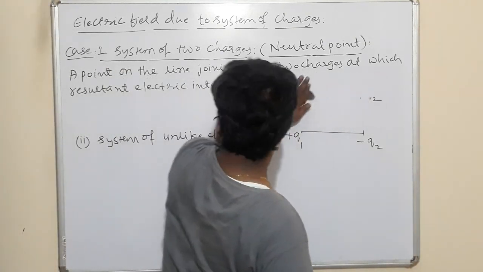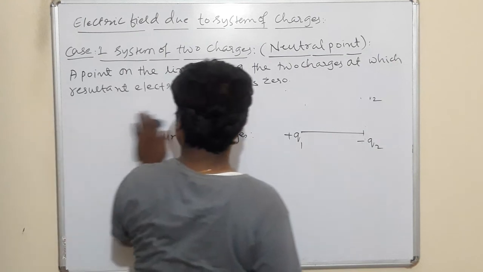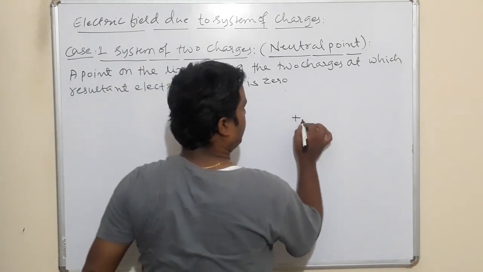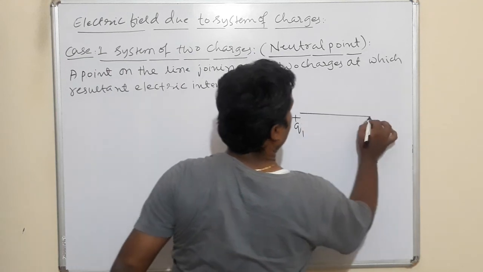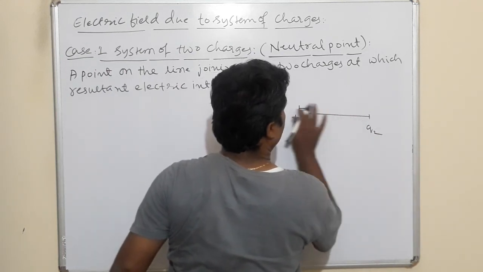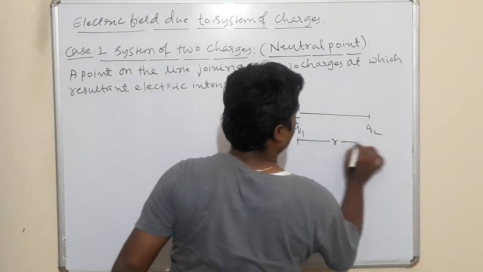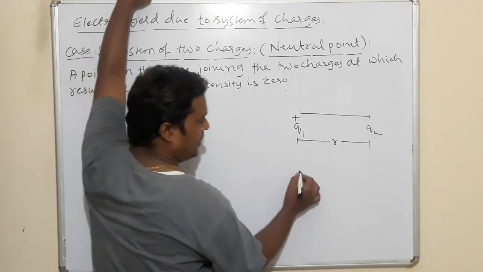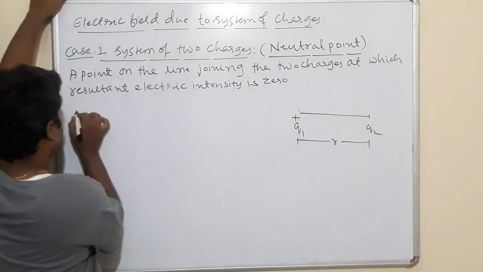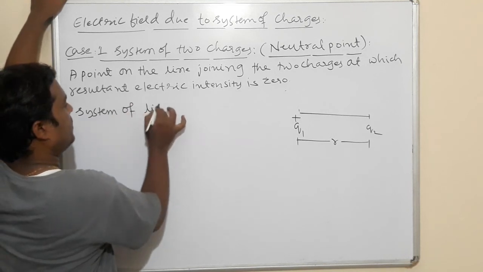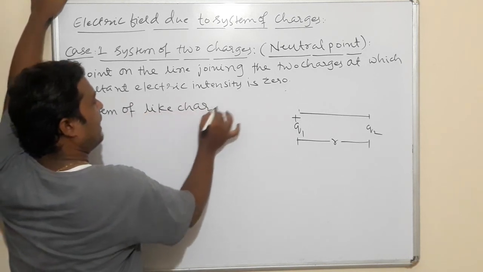First I told you what is neutral point. Then I took the system of like charges and system of unlike charges. This is Q1, this is Q2 separated by some distance R. This is one, system of like charges.